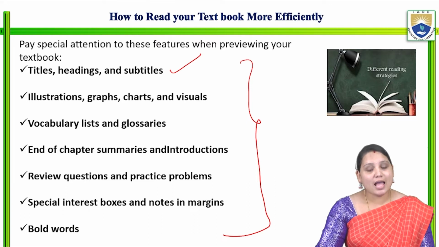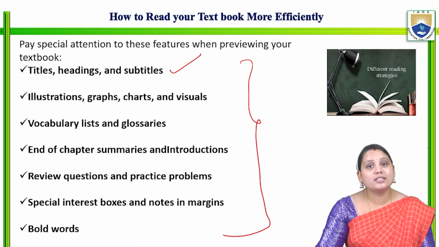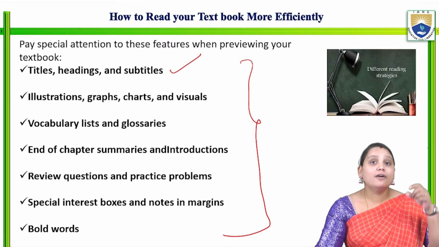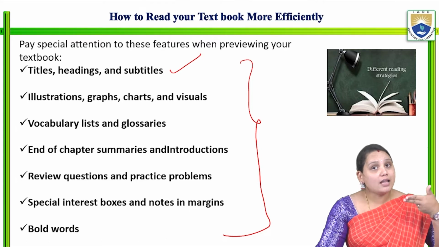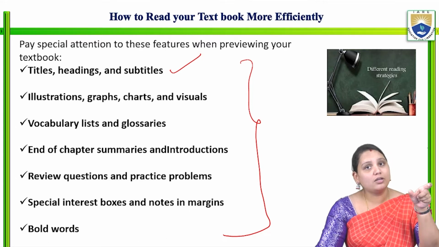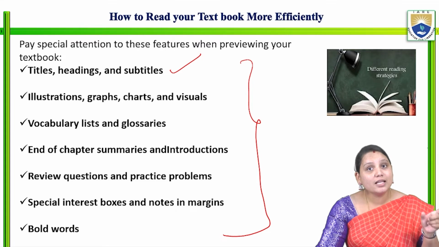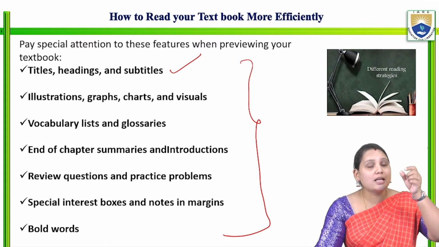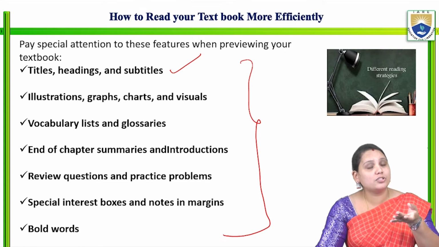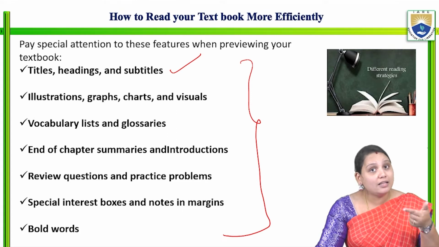Next comes vocabulary list and glossaries. The vocabulary list is the new words which will be given at the bottom of that particular page. Vocabulary list and glossaries, that is the number of elements, the number of pages, the new words used, the terms which are defined.